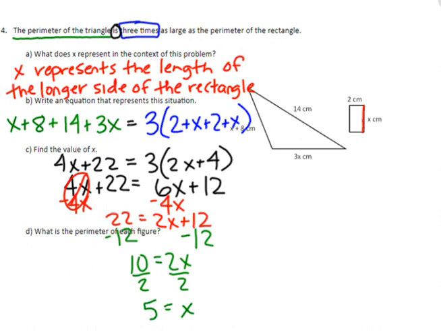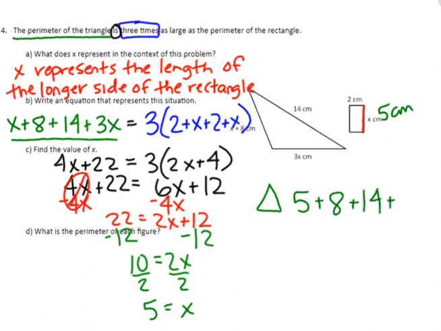And I kind of ran over into that bottom portion. So back up here, I could say this side length is 5 centimeters. Okay, so now we need the perimeter of each figure. For the triangle, I'll keep that in green to match what we did right here. Triangle is 5 plus 8 plus 14 plus 3 times 5.